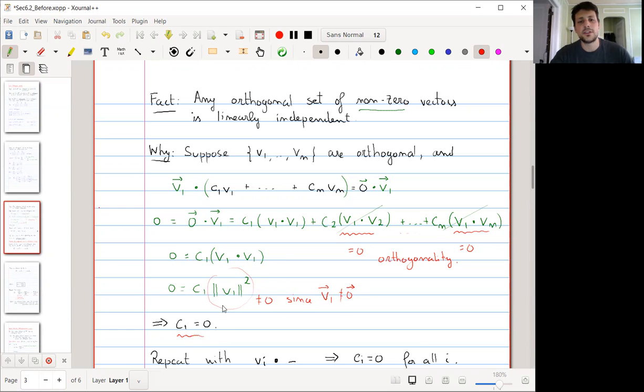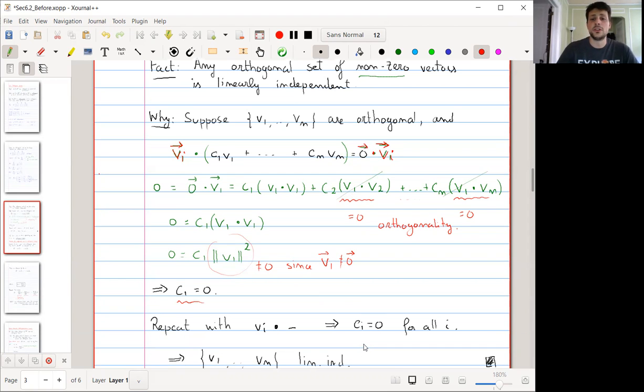Now, we can repeat this argument by multiplying with any of the vi's instead of the v1's. So I could replace here a vi and dot it with vi here as well. The same argument would show then that ci is equal to 0 for all possible indices i.